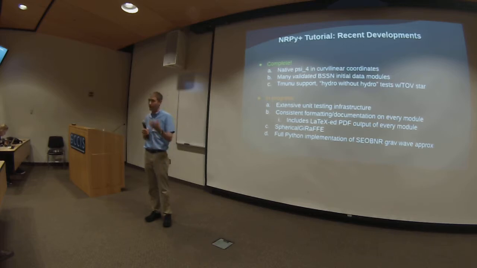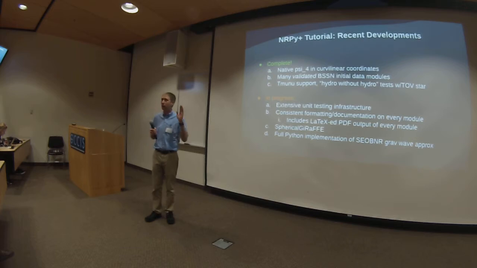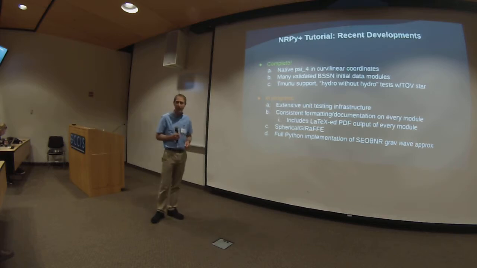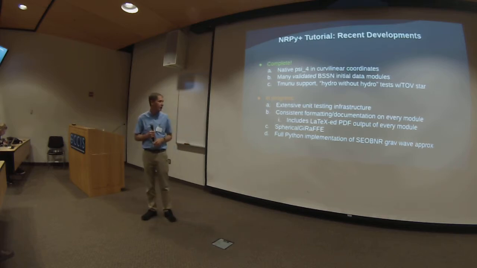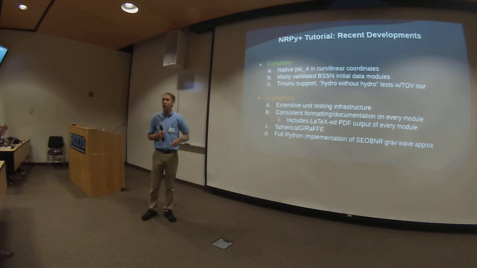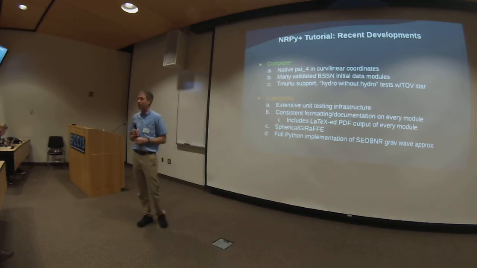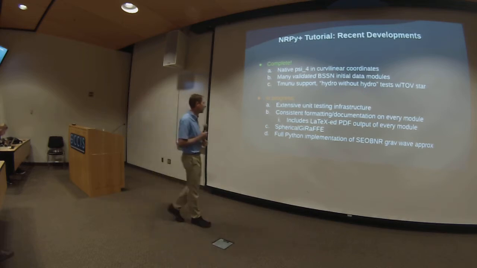So if you say, oh, I actually want to go out for a walk, I don't want to sit and stare at my screen, I want to print this out, I want something hard copy to hold, which I like, actually. Every notebook tutorial module can be output as a properly formatted, clickable PDF file.